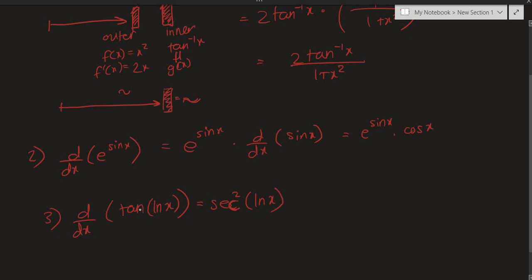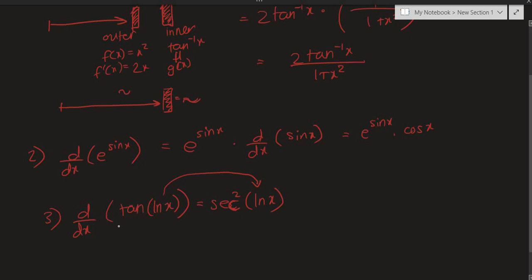So you differentiated the external function, basically. You differentiated tan to get secant squared. But instead of having an x that you would normally have for tan of x, we choose to keep the inner function as it is, because we're only breaking the outer wall.